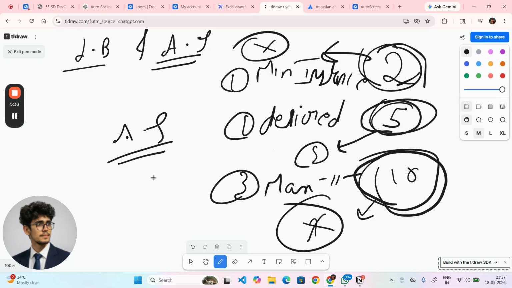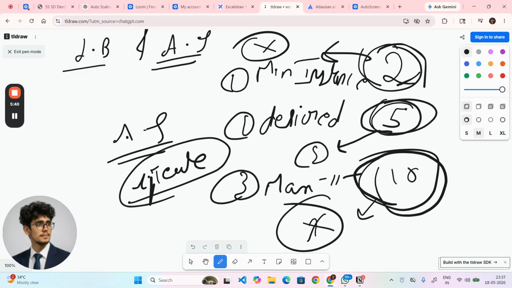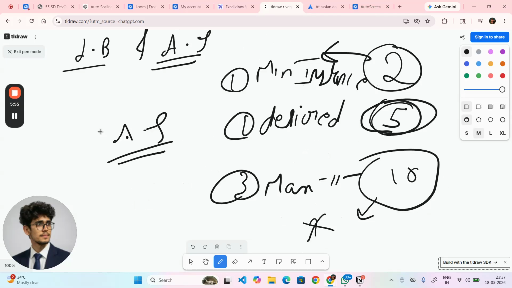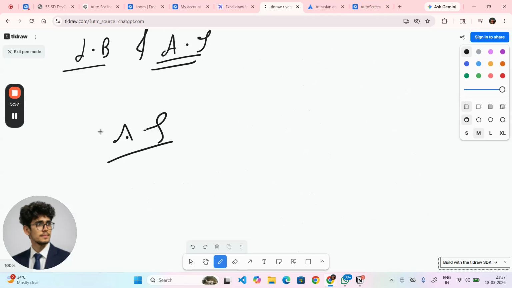Got it? So this is what is happening in auto scaling, guys. How we manage our minimum instance, our max instance, and the desired instance. So this is all about it.